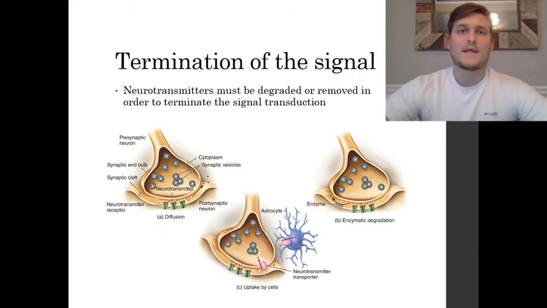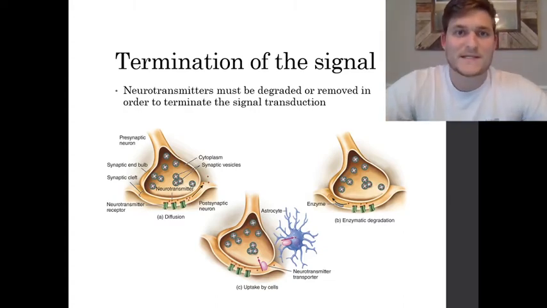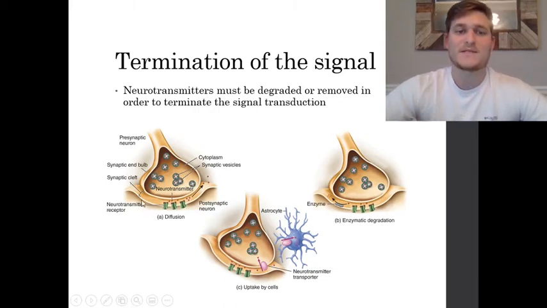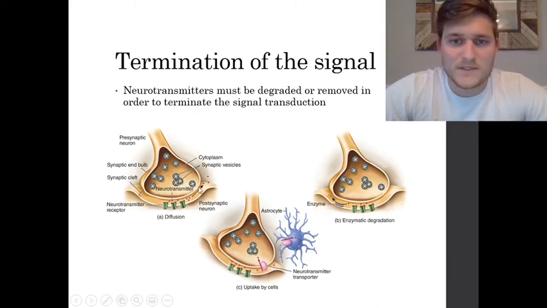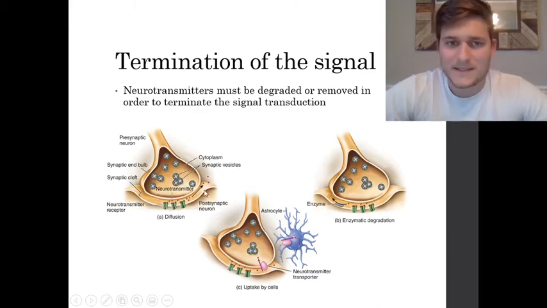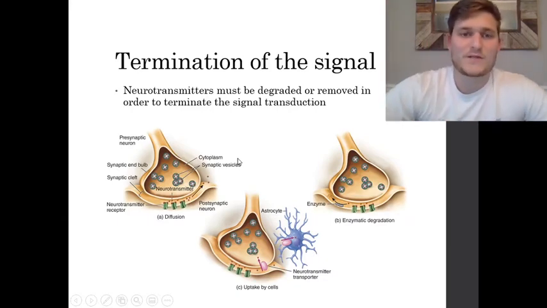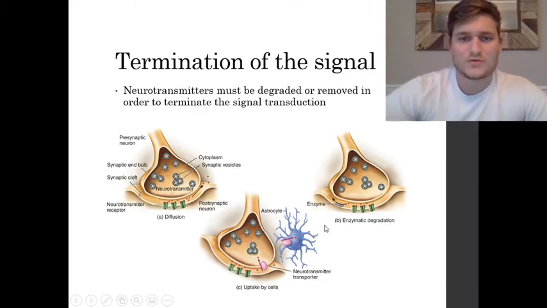So if we want a signal to stop from one neuron communicating with the next cell, you need to get rid of the neurotransmitters. And there's a couple of ways to do that. So either these neurotransmitters can be diffused out of this membrane space and then just enter the extracellular space, where it could be broken down by things like astrocytes.